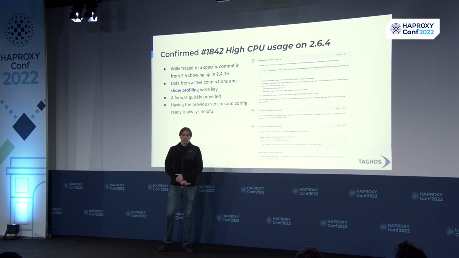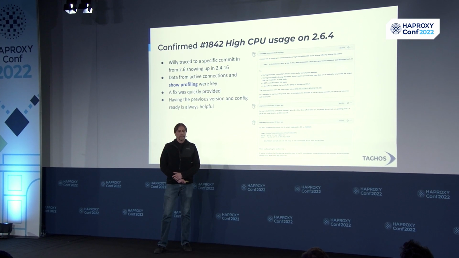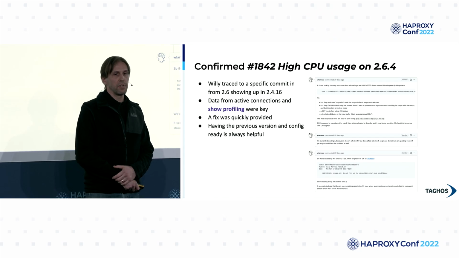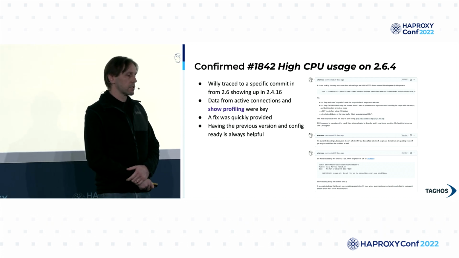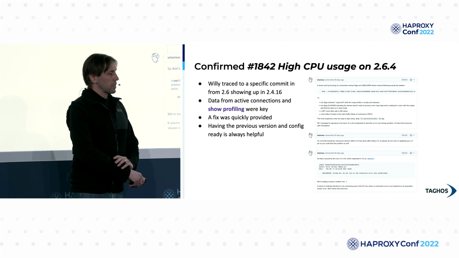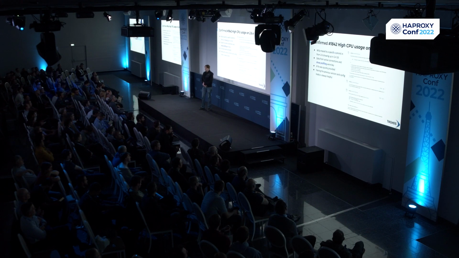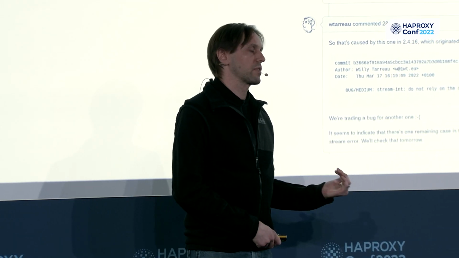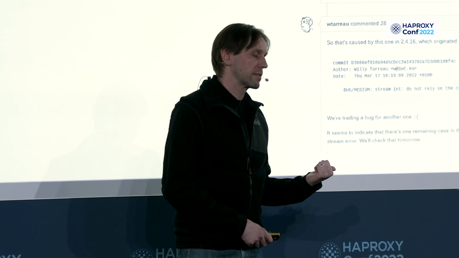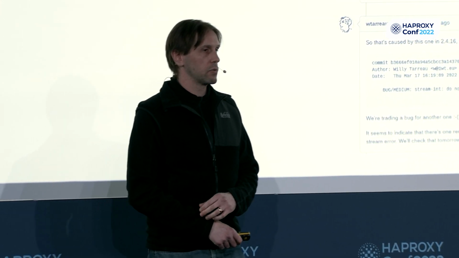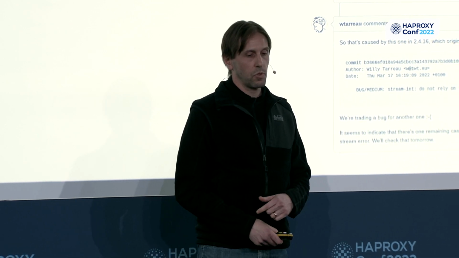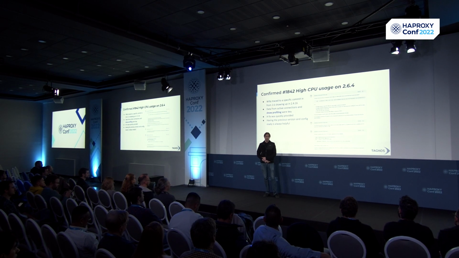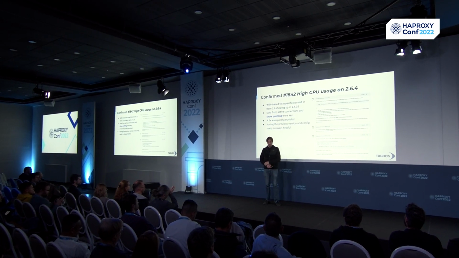Only the 2.6 instance was facing this issue, and he quickly provided a patch, which we confirmed as working, and case closed. But in this scenario, it became evident for us that we should always keep the previous HAProxy setup, binaries and configuration files, ready to run at a moment's notice, I mean like seconds, because we needed to roll back and forth quite a few times when we were investigating this issue.